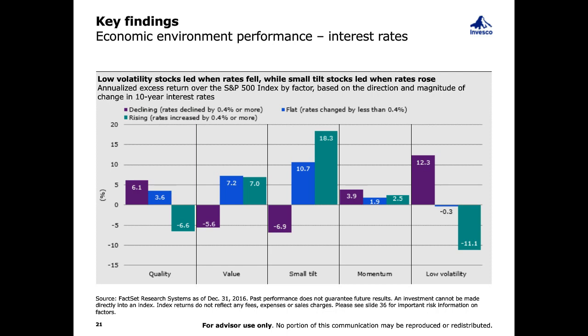The benchmark 10-year Treasury note began the testing period at 6.69% and ended the period at 2.44%, although rates fluctuated within this time frame. As shown in the chart, we found that declining rate environments tended to favor low volatility stocks, while small tilt factors performed well when rates were rising.